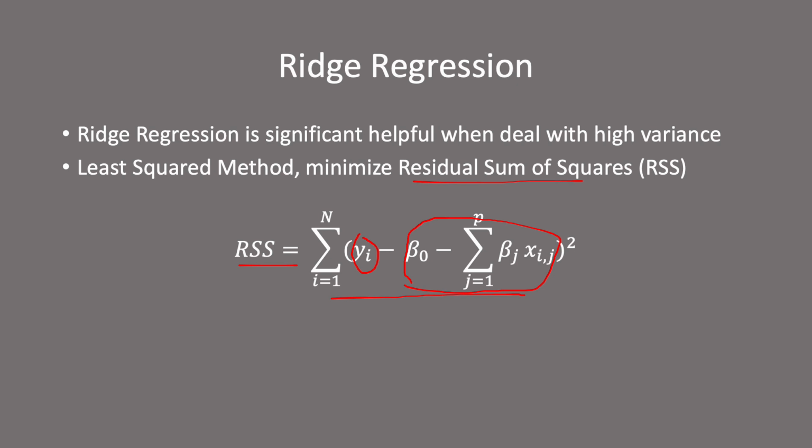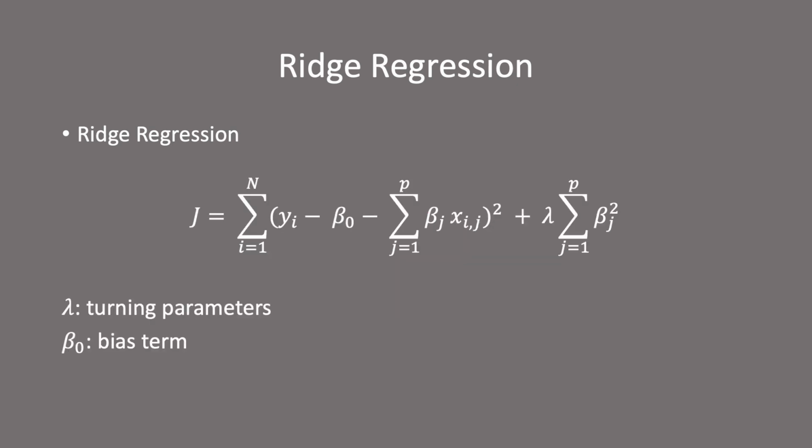In this example, we call beta 0 the bias term, and this is the loss function of the regression. Here lambda is the tuning parameter and beta 0 is the bias term.